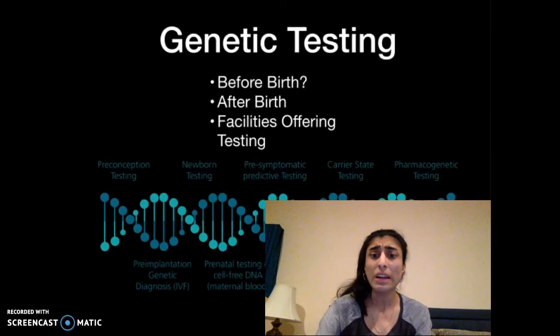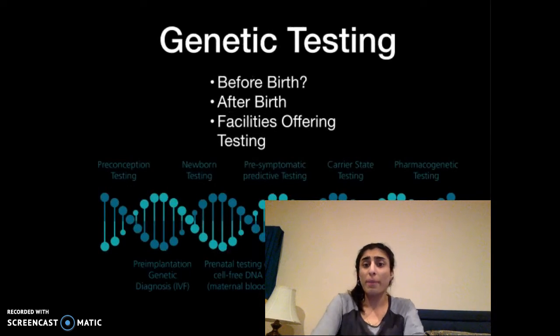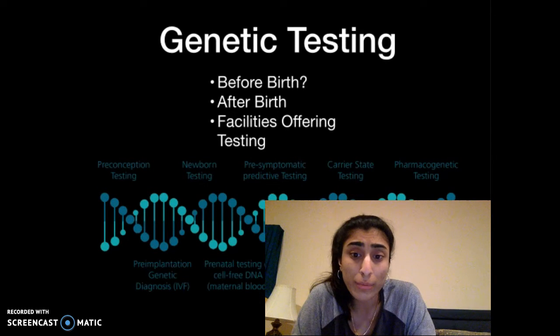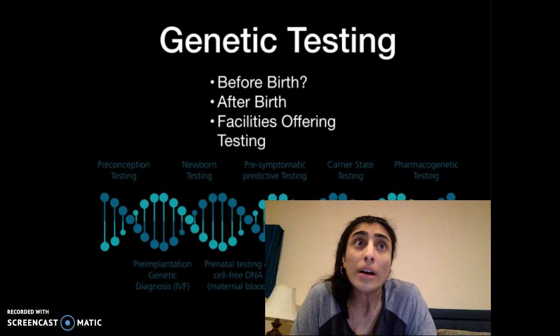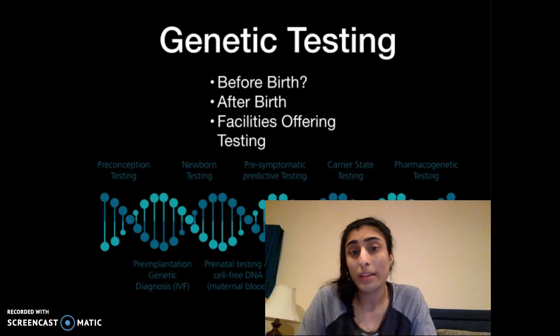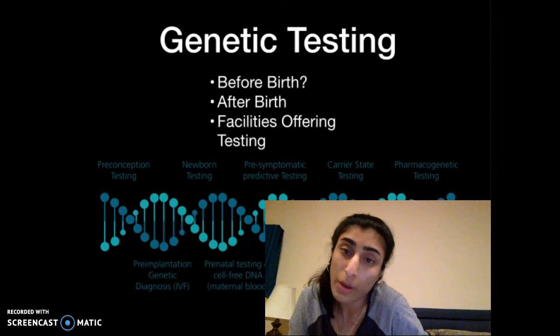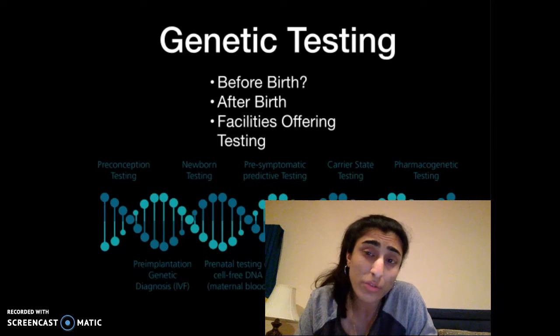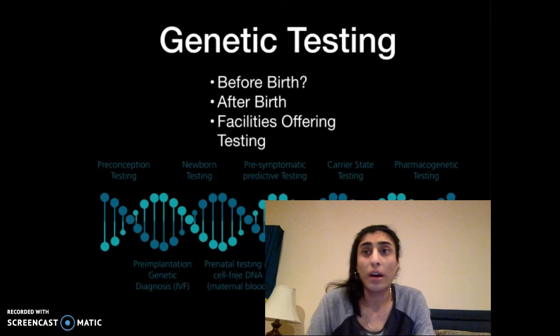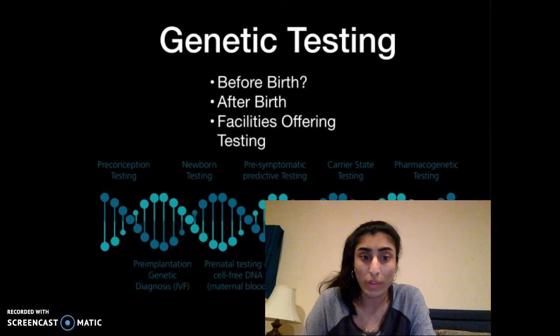For genetic testing, it doesn't usually happen before birth. After birth is the most common. Like I said before, they test the baby's blood after birth to determine whether or not their thyroid hormones are low, and if they are, they start them on the hormone treatment in the form of levothyroxine.